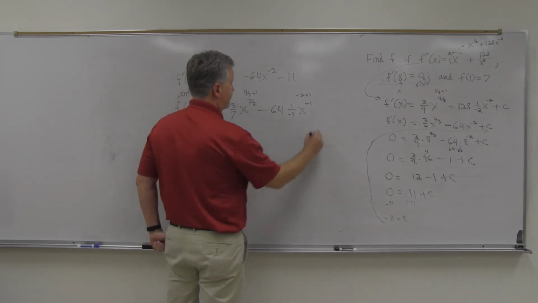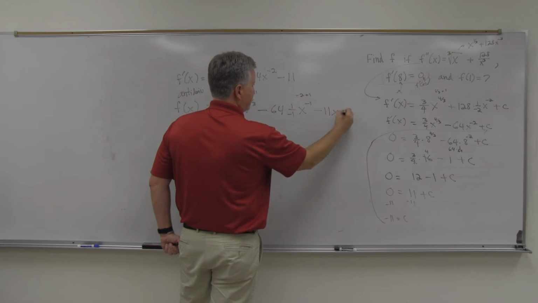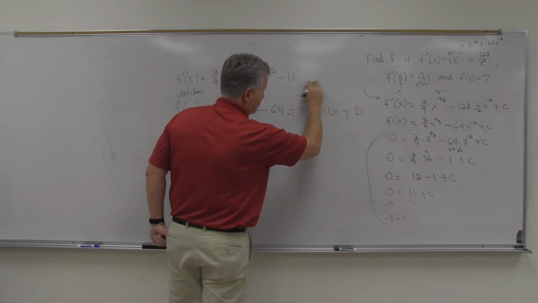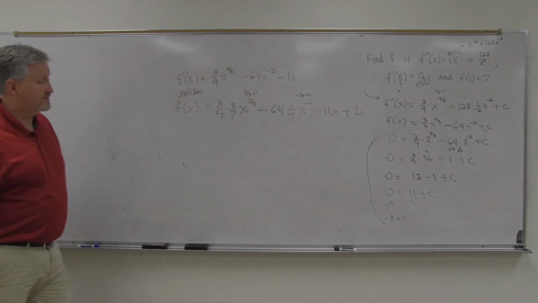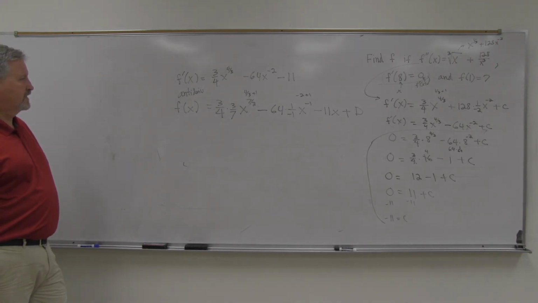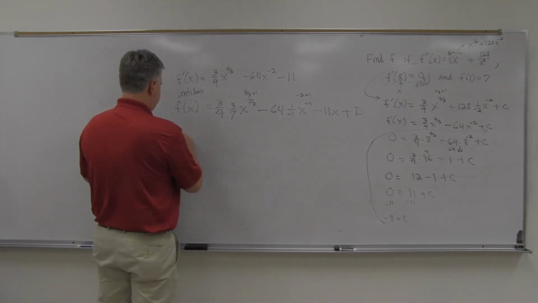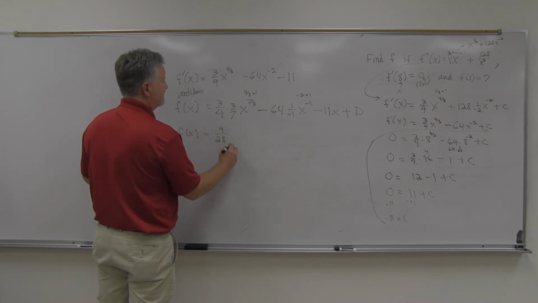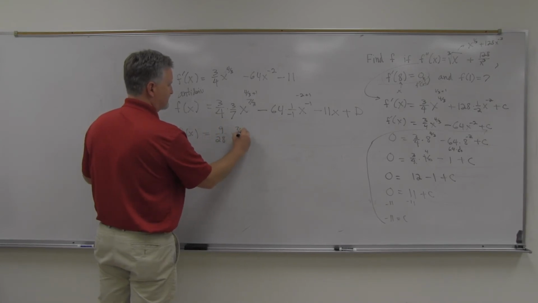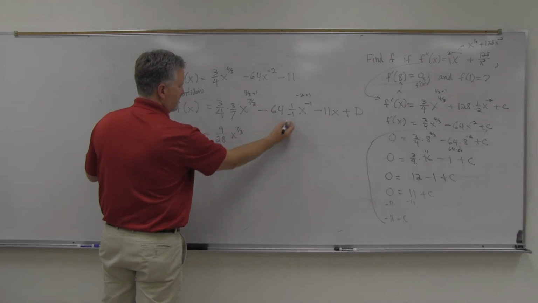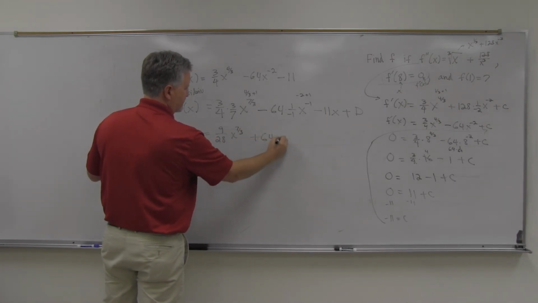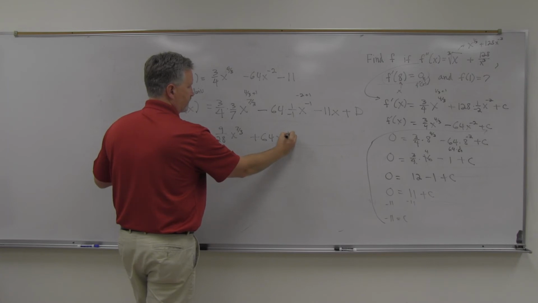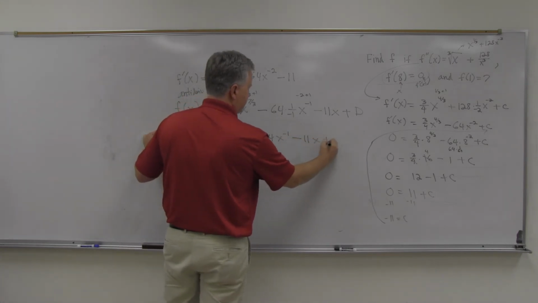Then I have minus 11x. Then I need another constant, call it b. We used the other one as c. Clean that up a little bit and then we'll finish it up. What was that? 9/28 x to the 7/3. Minus 64 divided by negative 1 plus 64 x to the negative 1. Minus 11x plus b.